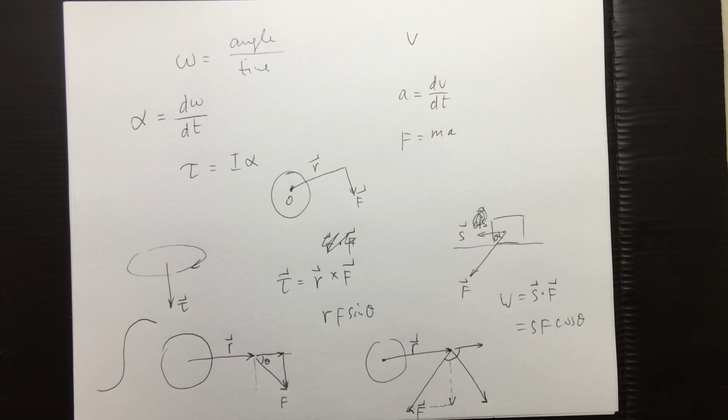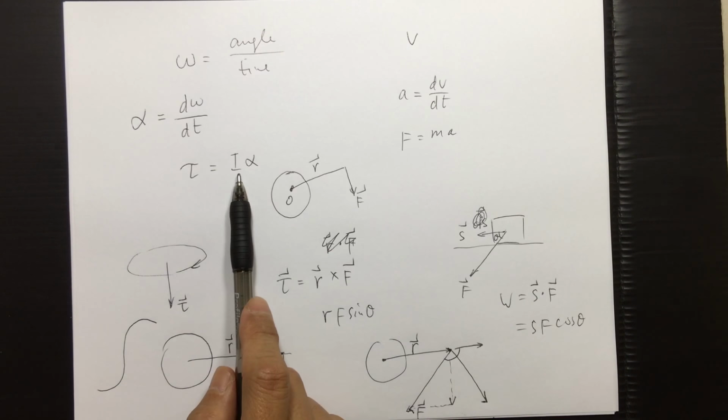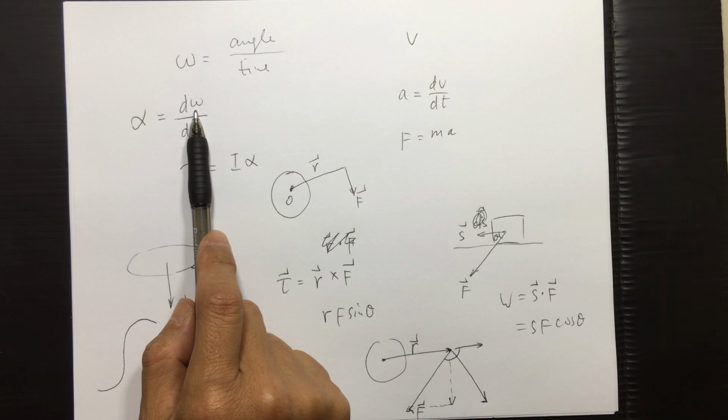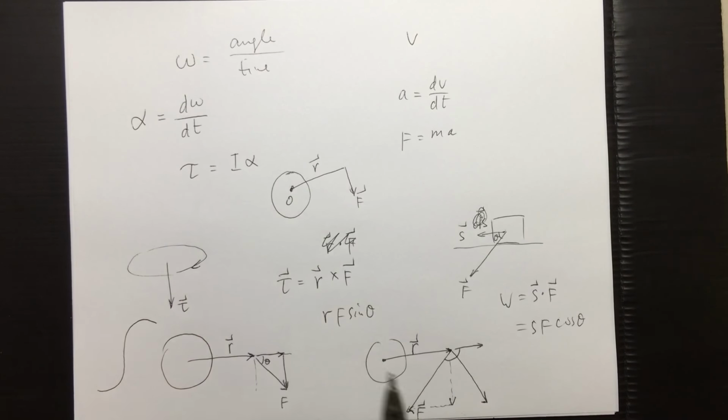There's only one more thing, which is this: what is rotational inertia? Let's do that. We know this relation between v and omega is r.